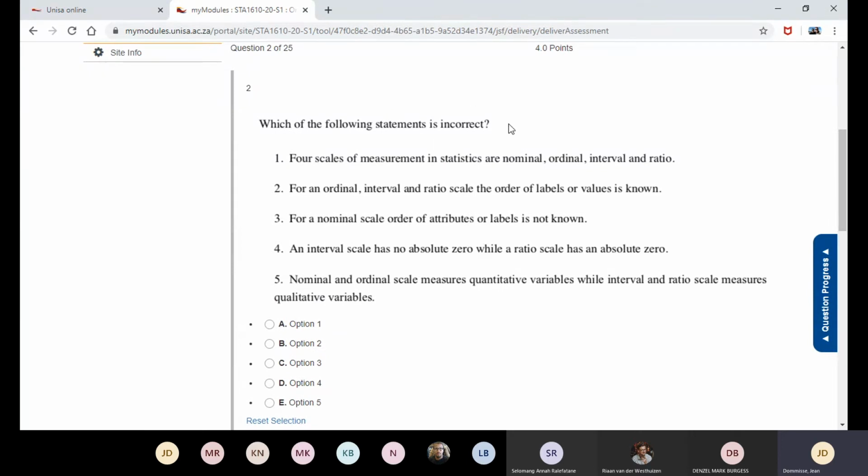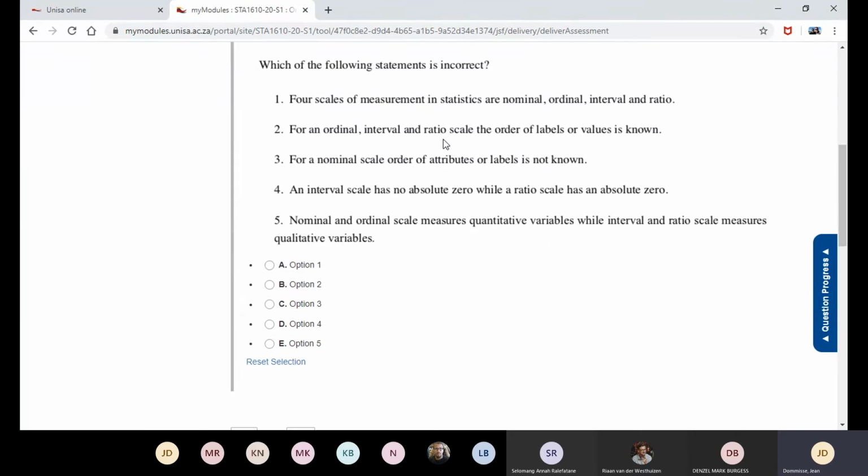Which of the following is incorrect? The 4 scales of measurement in statistics are nominal, ordinal, interval, and ratio. Now it's going into definition. For ordinal, interval, and ratio scales, the order of labels or values is known.